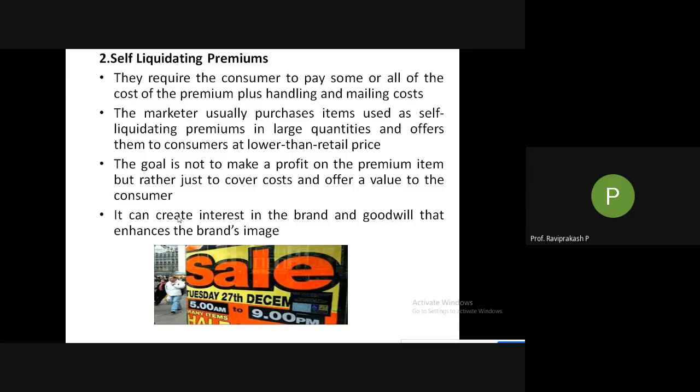If the cost of this particular item is met, it is enough for them. Then it can create interest in the brand and goodwill that enhances the brand's image. Even the brand image of the product might increase by giving such premiums, because you are getting more for a lower price when you already know the MRP is greater. So this is self-liquidating premiums.